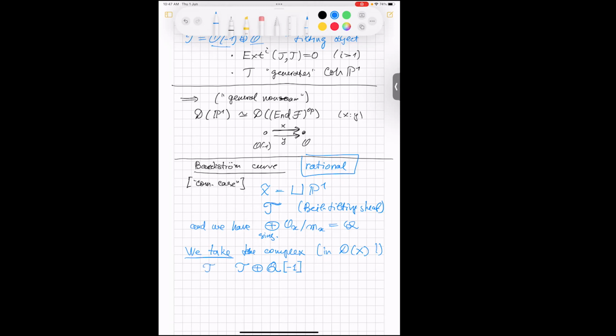Let it be T plus. Then Burban and I proved that it is tilting in the sense of triangulated categories, which means that there are no homomorphisms from T plus to any of its shifts.